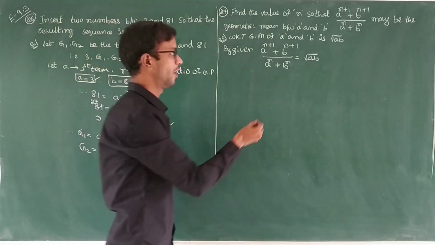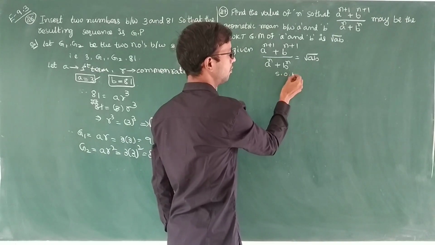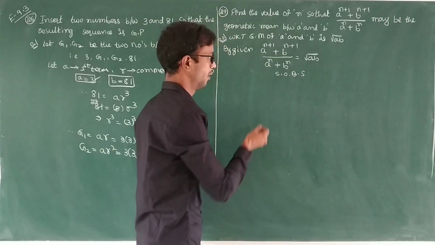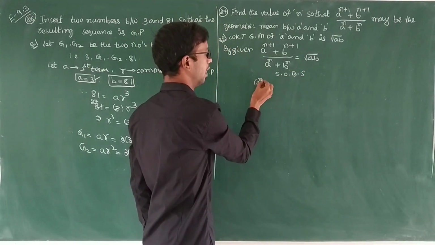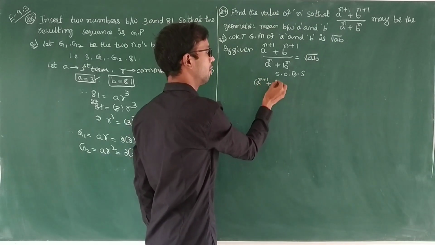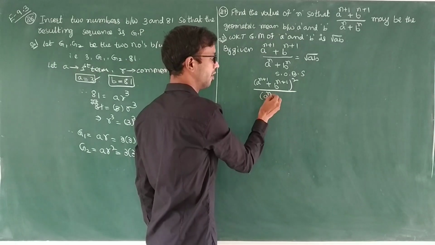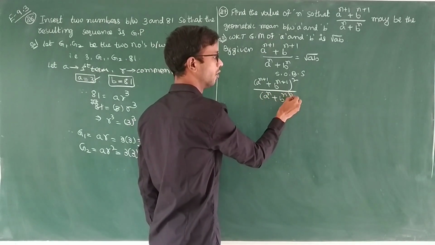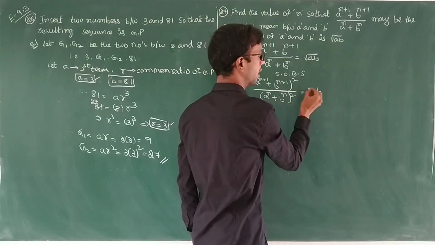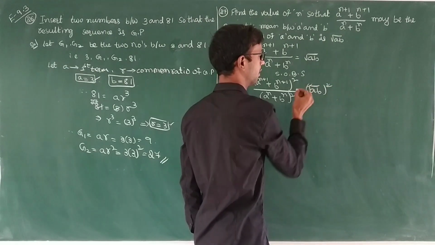So now squaring on both sides, how much will we get? A power n plus 1 plus b power n plus 1 whole square, divided by a power n plus b power n whole square, is equal to square root of ab whole square.